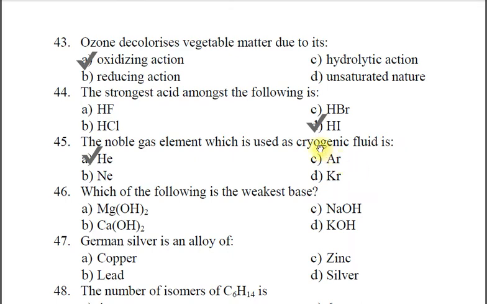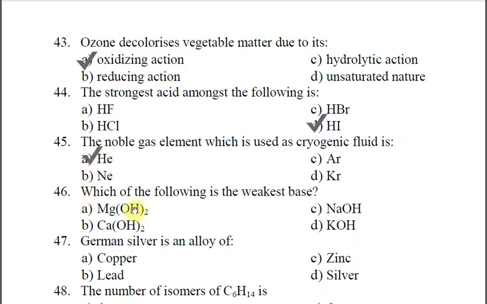Cryogenic fluid means which can be used at very low temperature for the purpose of preservation or for other industrial purposes. Although liquid neon is the best due to its highest cooling capacity, neon is rare and also expensive. So helium is used as a cryogenic fluid.